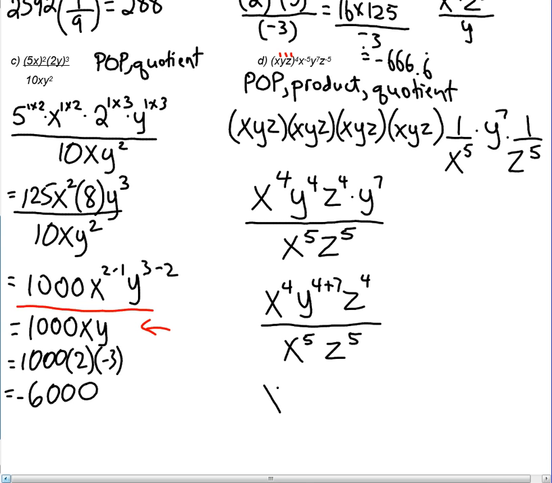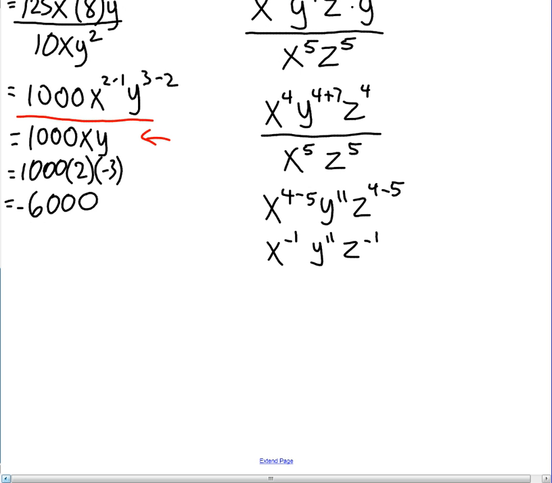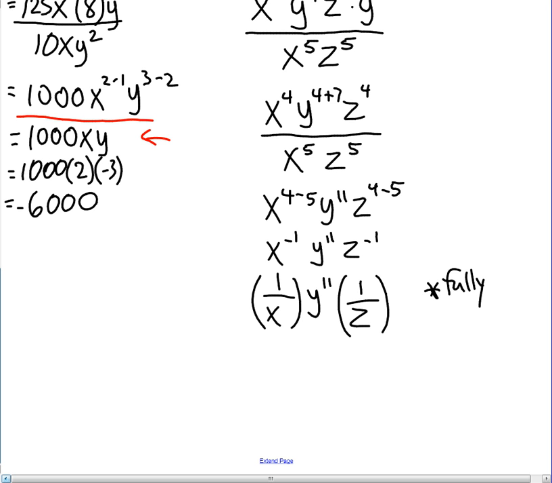So that's going to be x to the 4 subtract 5, y to the 11th, z to the 4 subtract 5, which produces x to the negative 1, y to the 11th, z to the negative 1. As we keep going with this, by applying these exponent laws, we end up with the reciprocal of x multiplied by y to the 11th multiplied by the reciprocal of z. So now it's fully simplified. Okay, so fully simplified means positive exponents only.